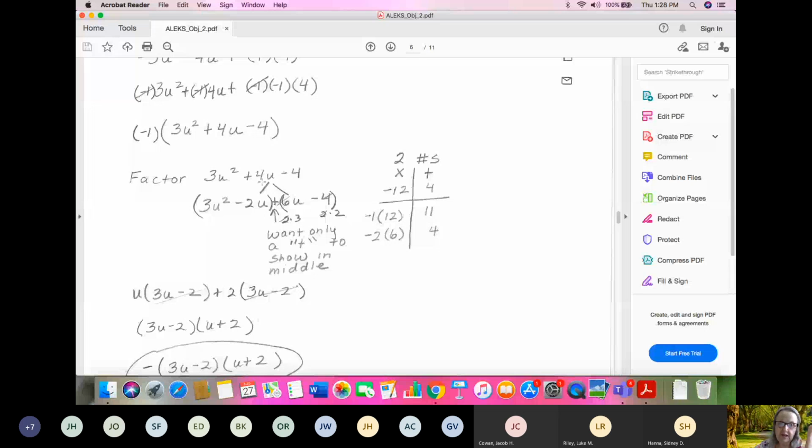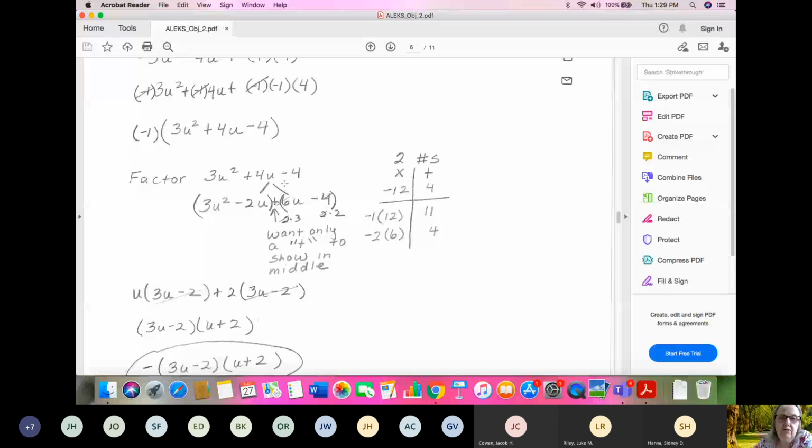So we want to use these two numbers to break down the middle 4, or you could say split the middle term. We want to write 4u using -2 and 6. So we have this term plus this term plus -4, which is a term.